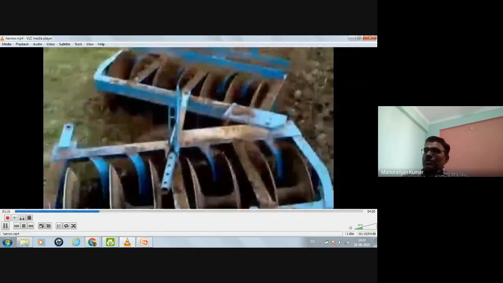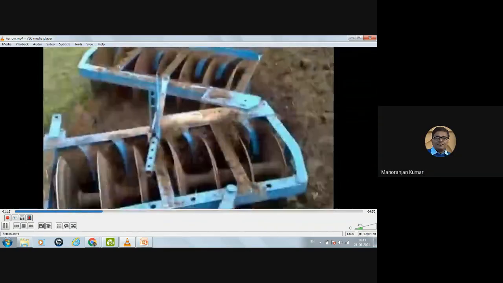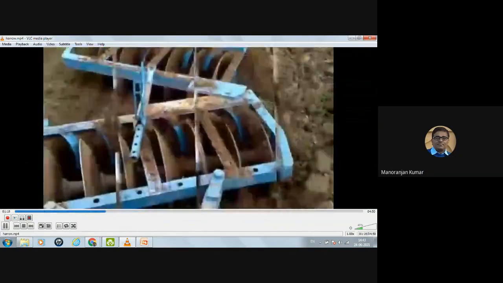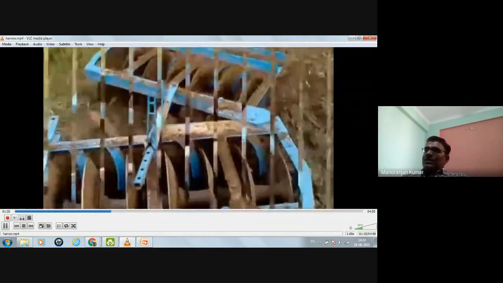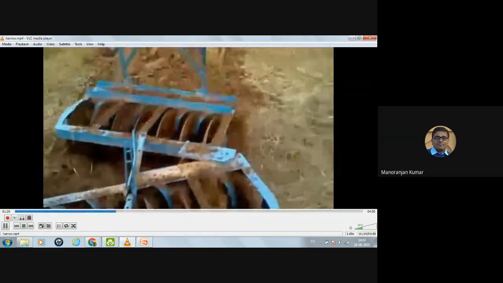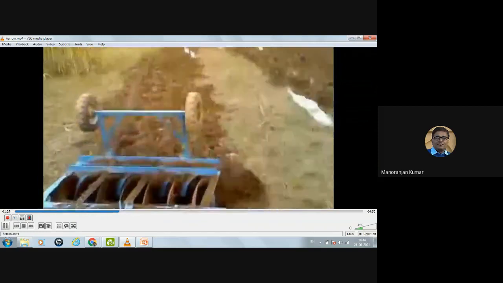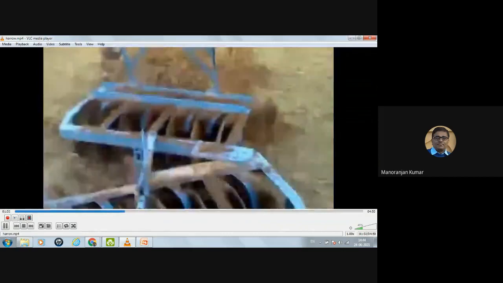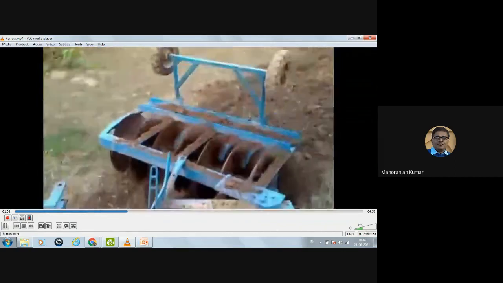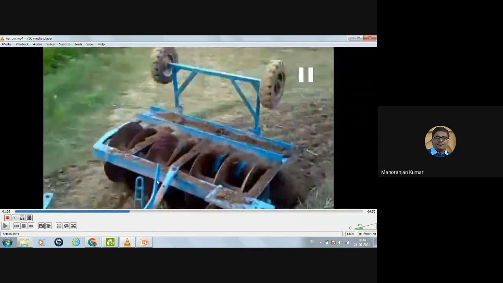So in each trip, the soil is harrowed two times, by the first gang in one direction and by the second gang in the other direction. Also, you can see this flank tube is known as a spool.